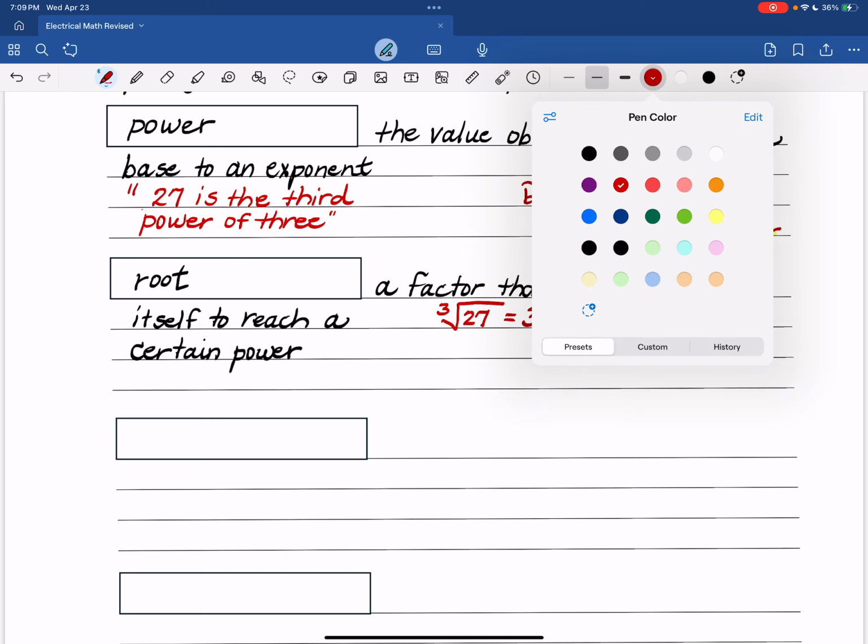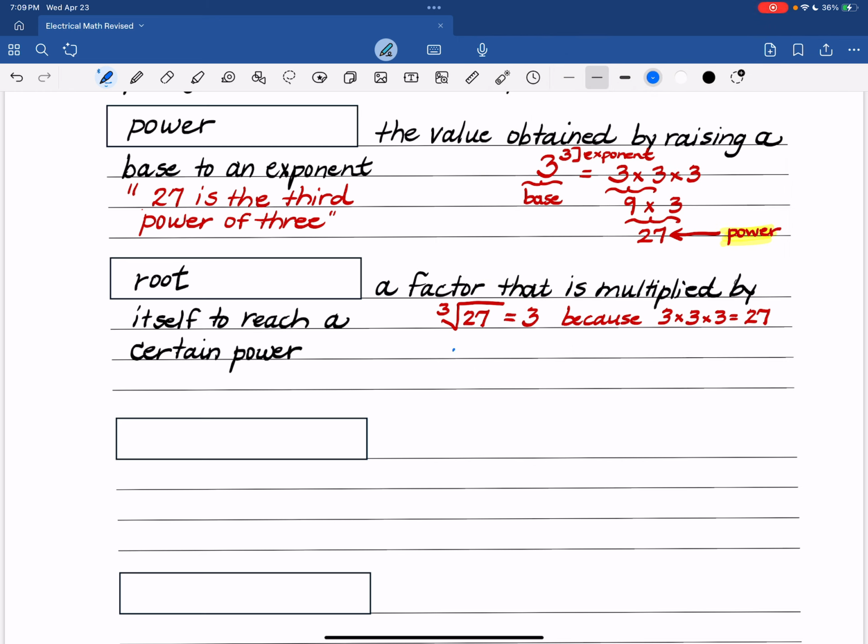Let me give you another one. Let's do the square root of 9 is 3 because 3 times 3 is 9.